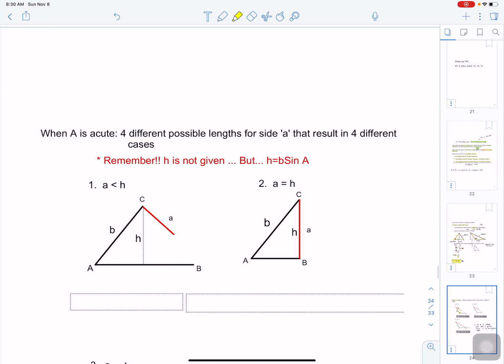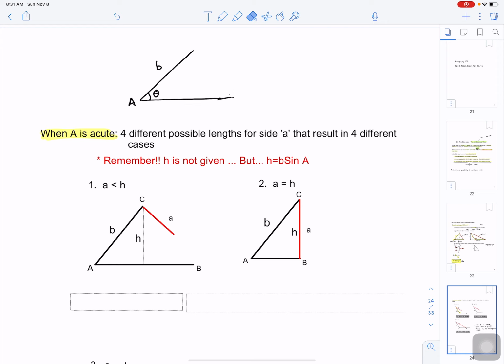Now, when my angle A is acute, remember, they would give us an angle. Here's my angle. Here's my side, B. This is angle A. Then based on the number A they give us, I'm closing that triangle off, but we don't actually know if this triangle closes off or not.